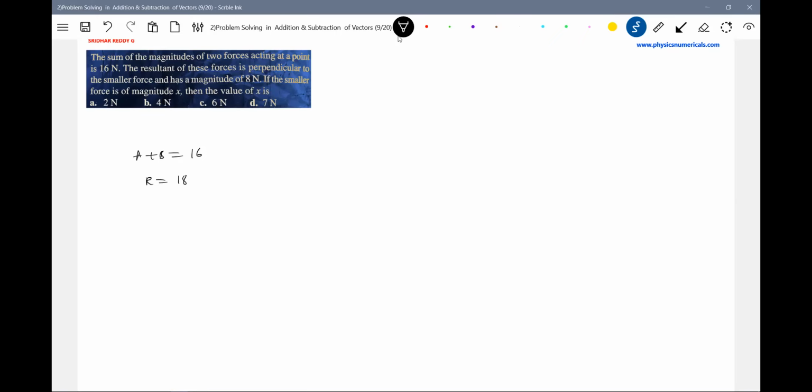The smaller force is of magnitude x, then find the value of x. The resultant is perpendicular, so definitely you have to first bring the resultant. It'll be easy for you to bring the other vector. The other vector has to be here.